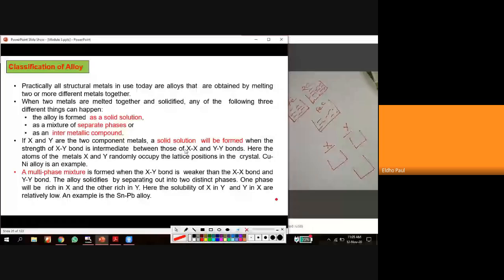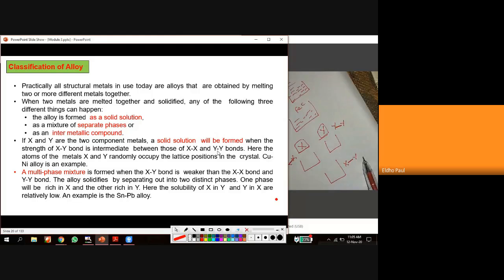When X is a solid, there is some bond energy between two atoms of X, and when Y is a solid, there is a bond energy between Y and Y. When we mix X and Y, a bond is formed between X and Y, and if this bond energy is in between the XX bond and the YY bond, then the resulting solution will be a complete solid solution.